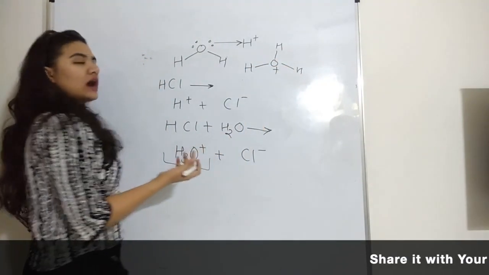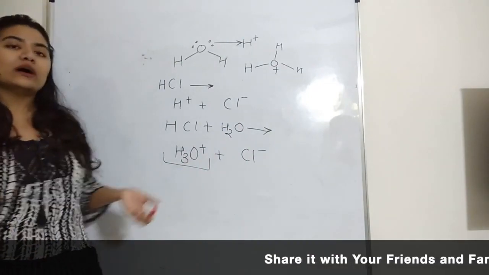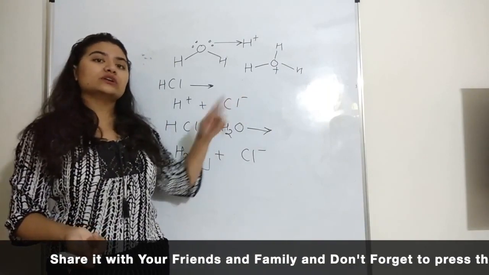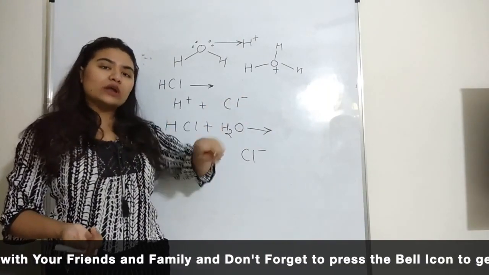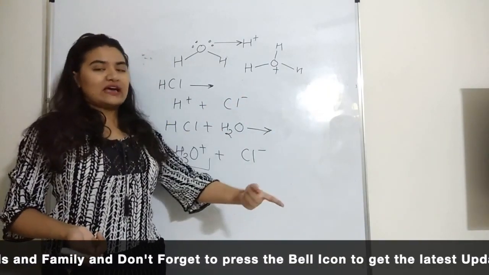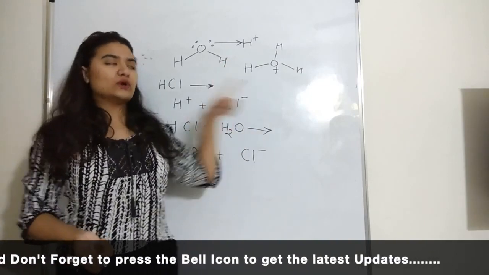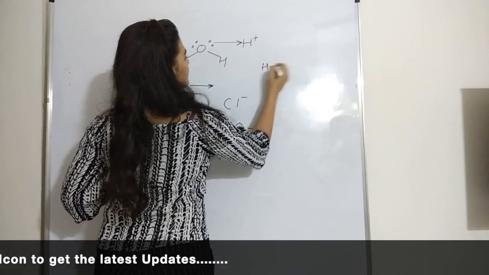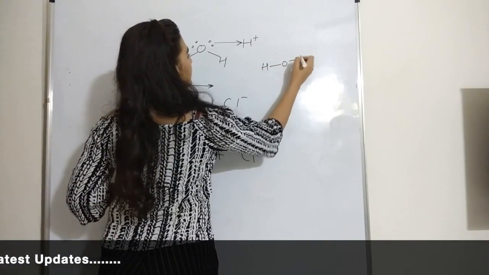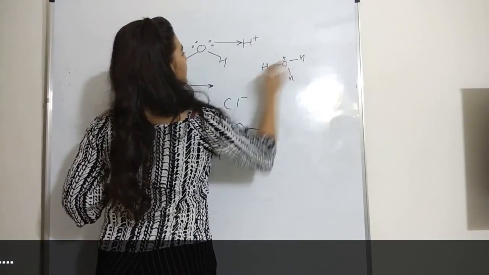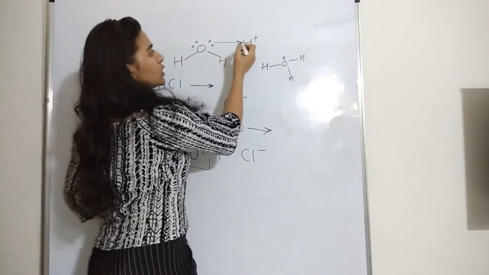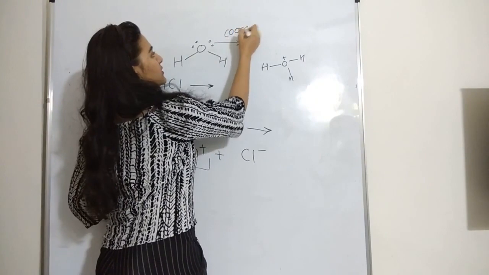Okay, again oxygen's valency is 2, so it should form 2 bonds, but over here it is forming 3 bonds, that is 1 bond more than its valency, so it will get a positive charge. I should show it like this. Okay, that's your hydronium ion. This one is the coordinate covalent bond.